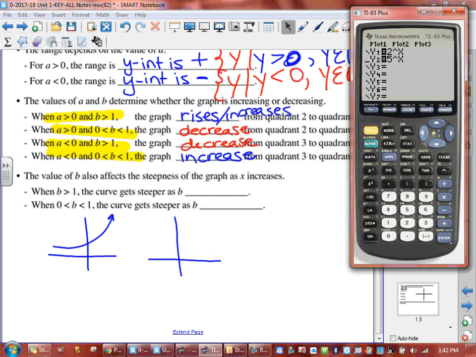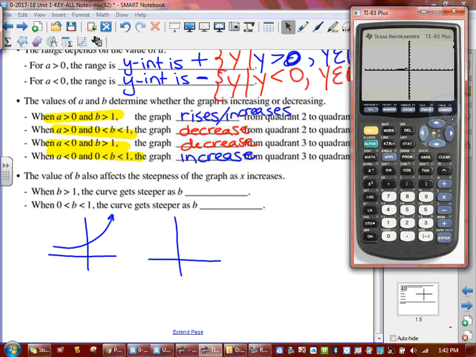So what do you think happened there? So our first graph, y equals 2 to the x, is right here on the right. The next one, 5 to the x, is over on the left. What do you notice? Yes. The second one is steeper.